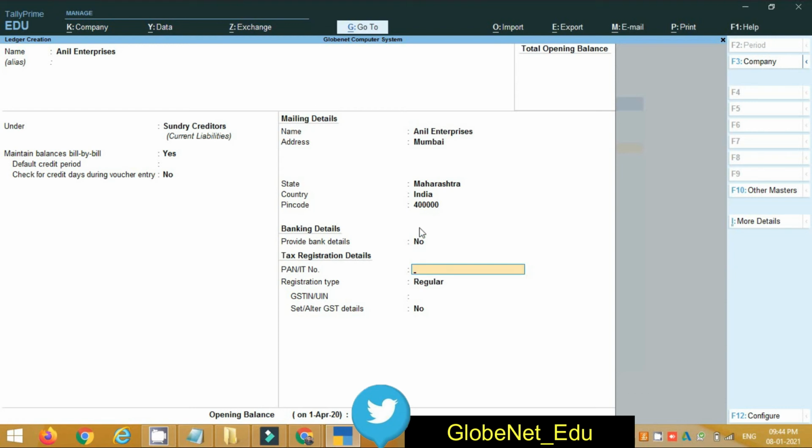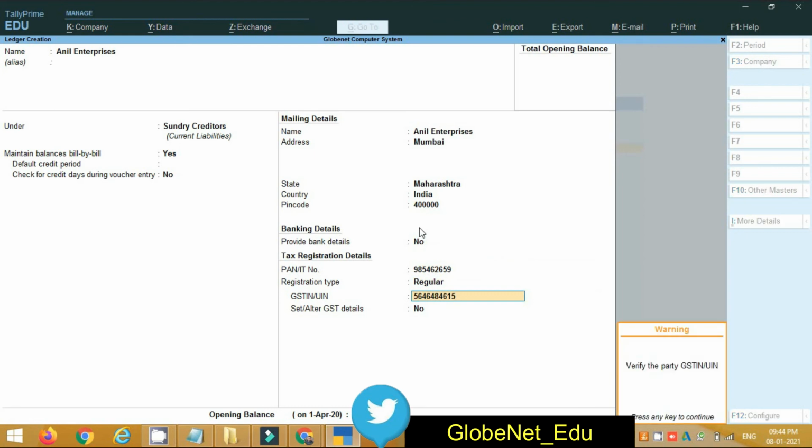Your PAN number, regular, GST number. You need to actually put the real GST number and not fake ones. This is actually for educational purposes. Then the amount, we'll put as 10,000.